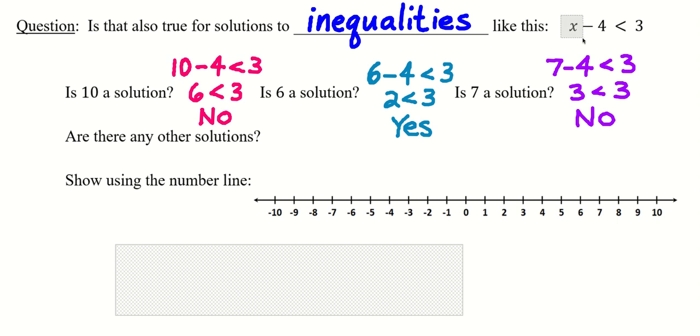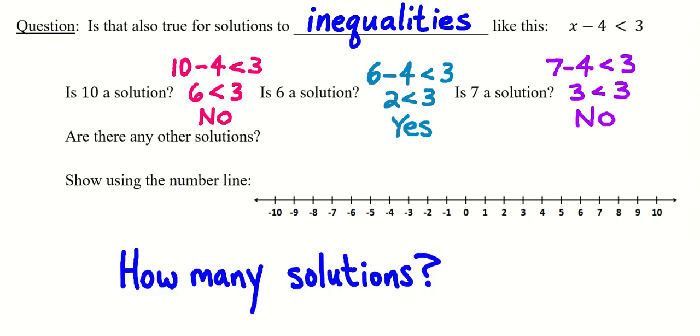Would there be any other number that you could plug in for x, and then that number minus 4 would be less than 3? Sure, there's plenty of them. How many of them are there? Well, there's an infinite number of numbers that could plug in for x to make this whole inequality a true statement, right?